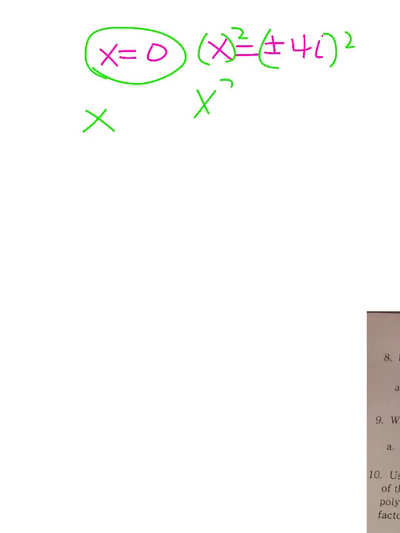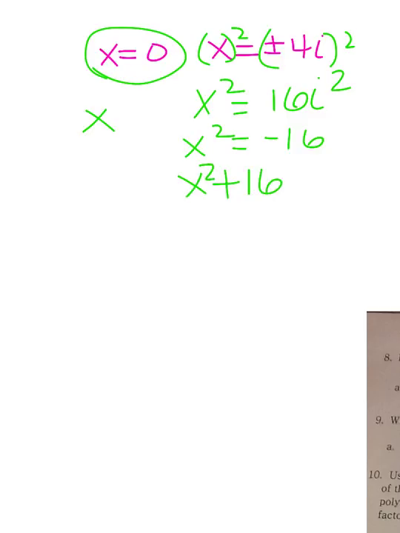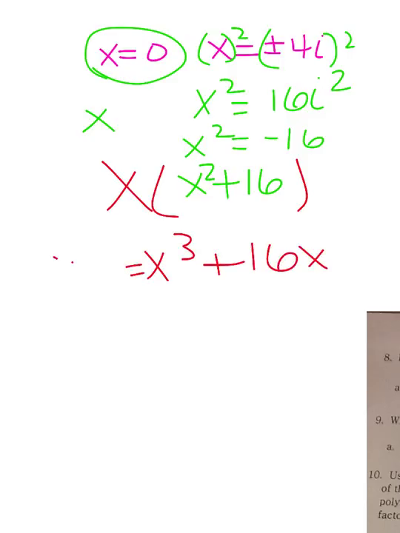So I get x squared is equal to 16i squared. And remember, i squared is negative 1, so that's negative 16. So I have x squared plus 16 here. Now I take my other factor, x, and multiply them together. So I get x cubed plus 16x, and it has to be represented as a polynomial function. So it's f of x equals x to the third plus 16x.